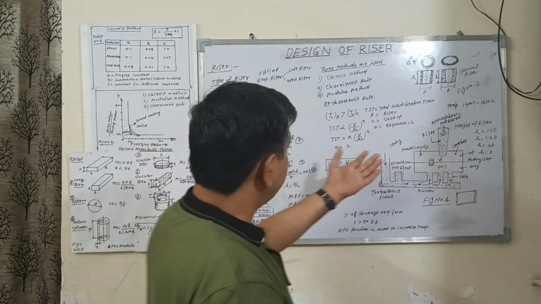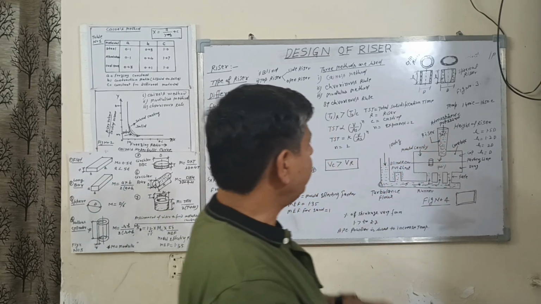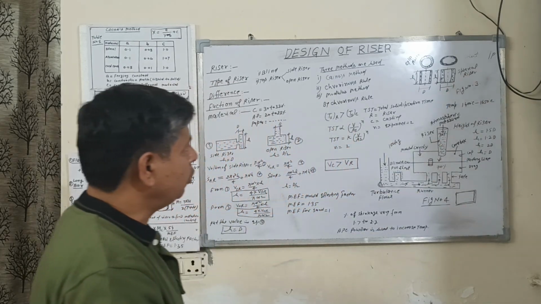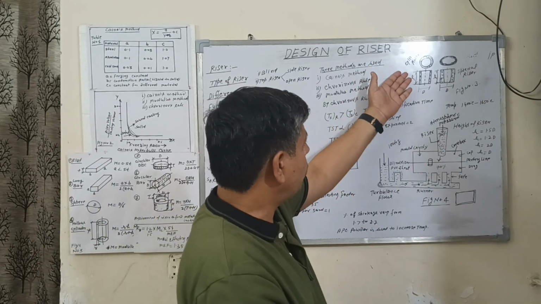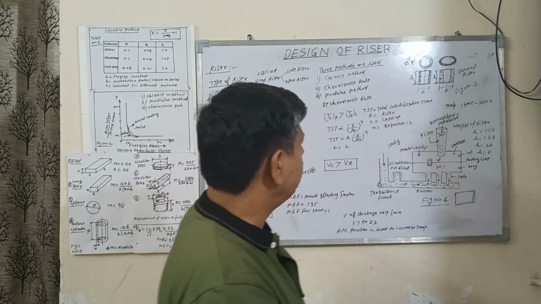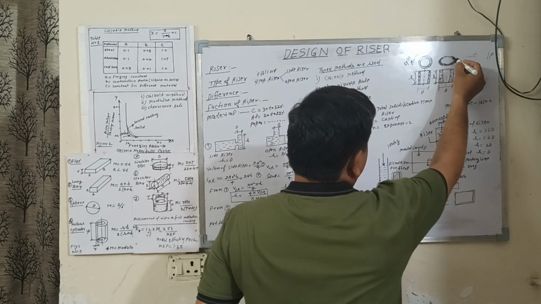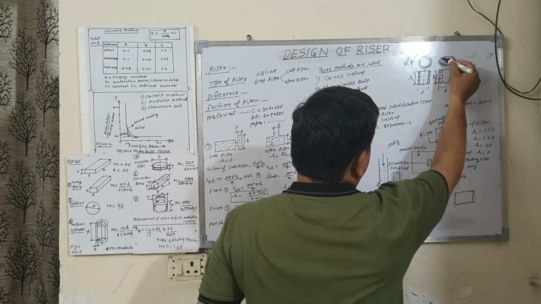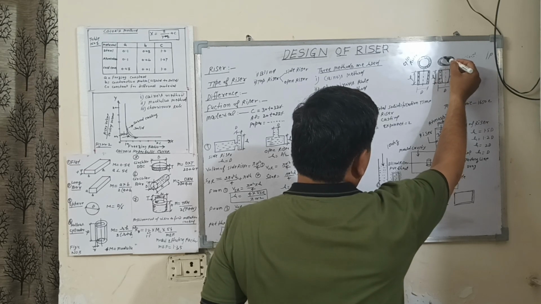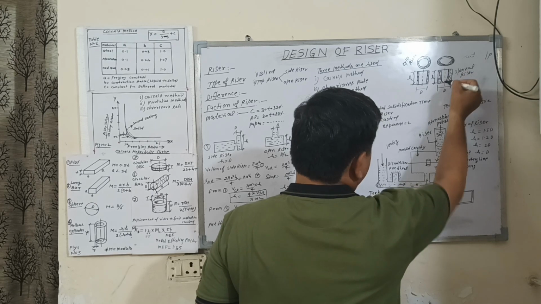What types of riser are used? Two types of riser are used: spherical riser and cylindrical riser. So which will be better to use, spherical or cylindrical? When the metal is going to solidify, the area solidifies more in the spherical riser, so there will be more chance of blockage of the passage.